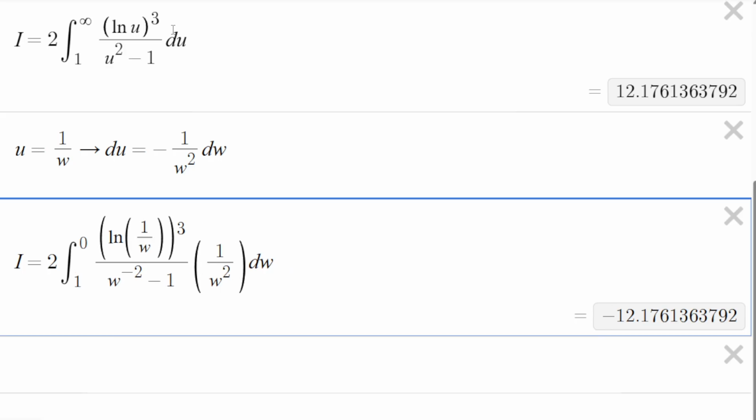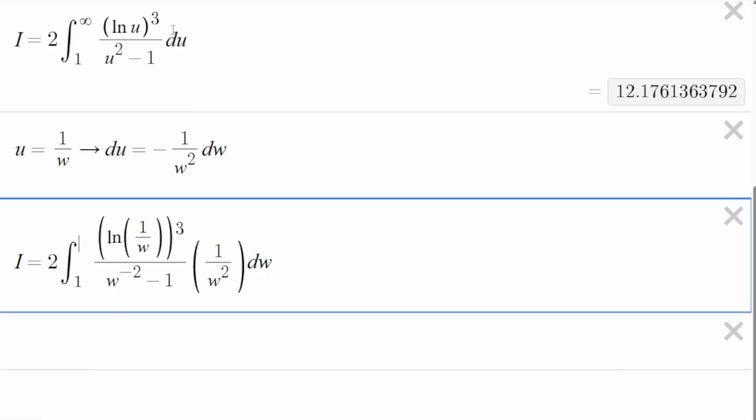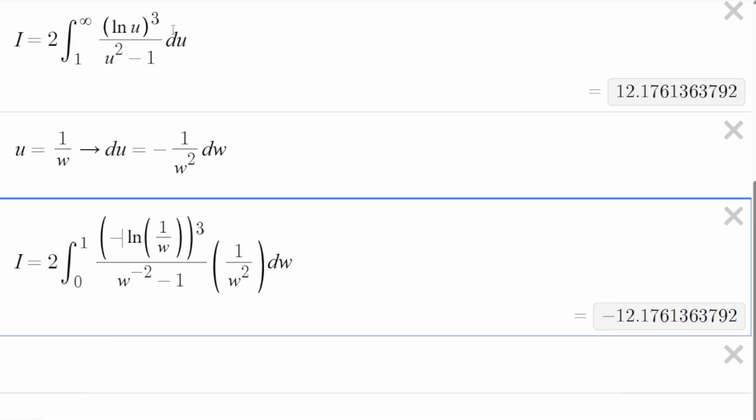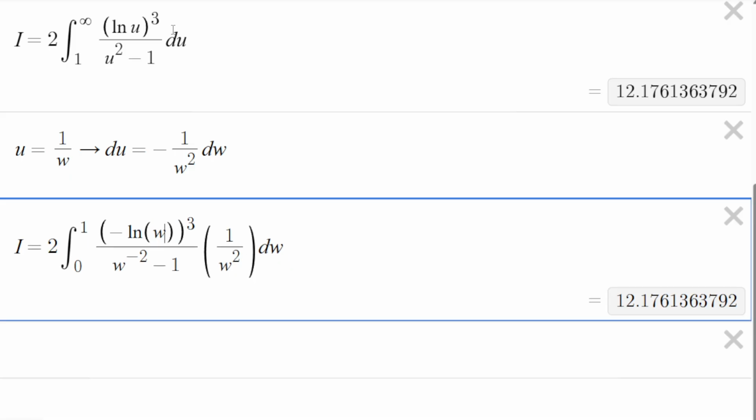Let's use this negative sign to switch the bounds of integration. Let's use the properties of logarithms to just call this a negative natural log w. And then this is basically negative 1, so we can bring that outside as a negative 1 cubed, which is just a negative sign right there. So we have this.